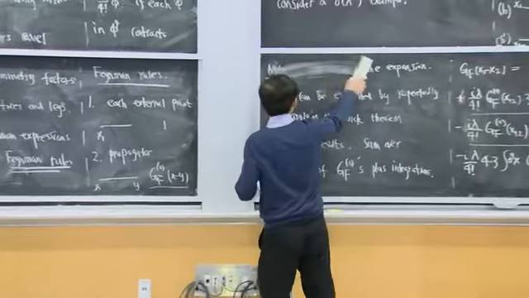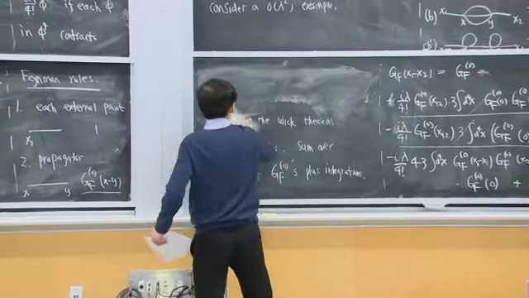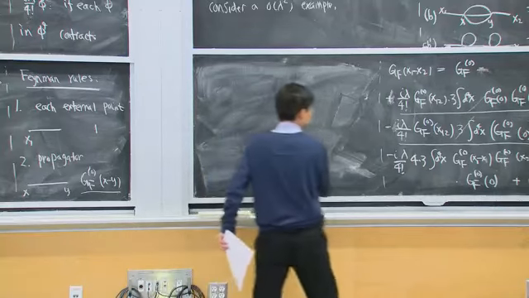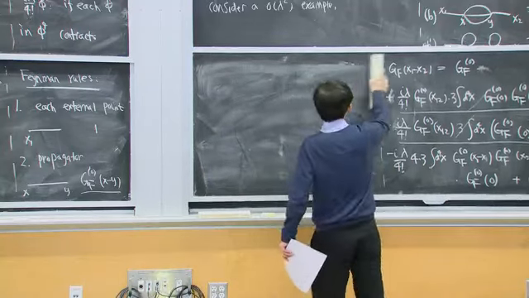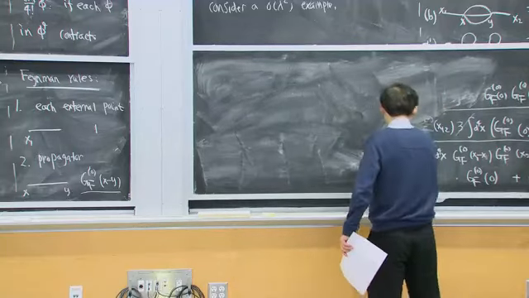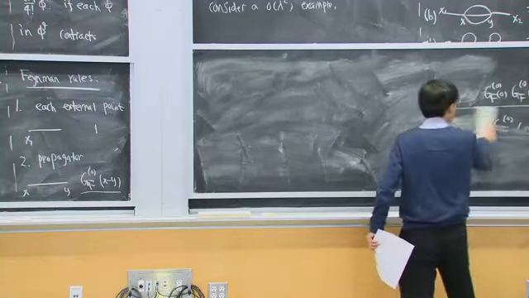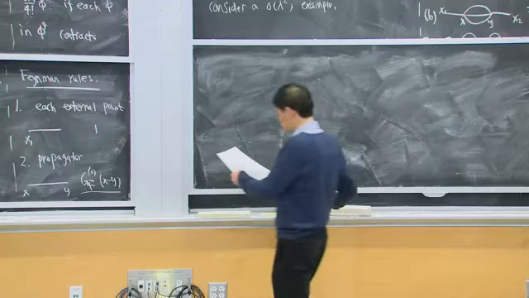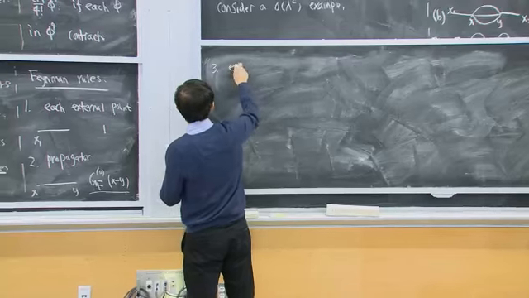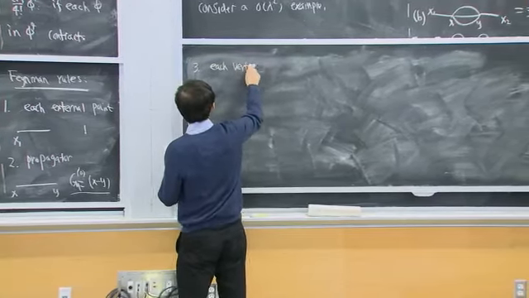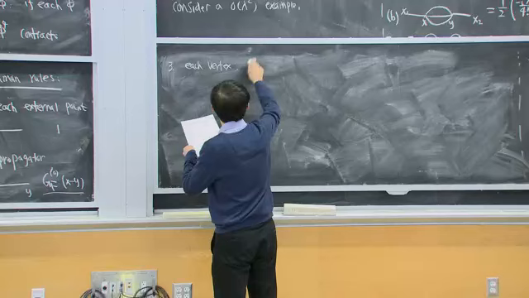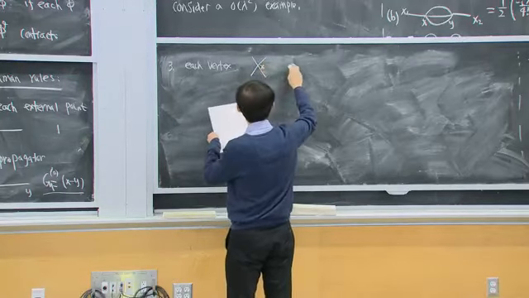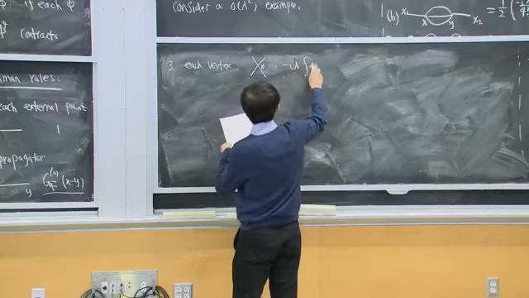And then for each vertex, which has point x, you associate with lambda and the integration over x.